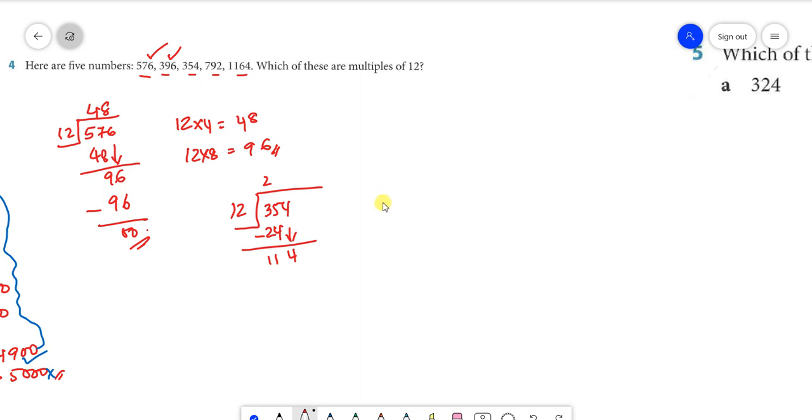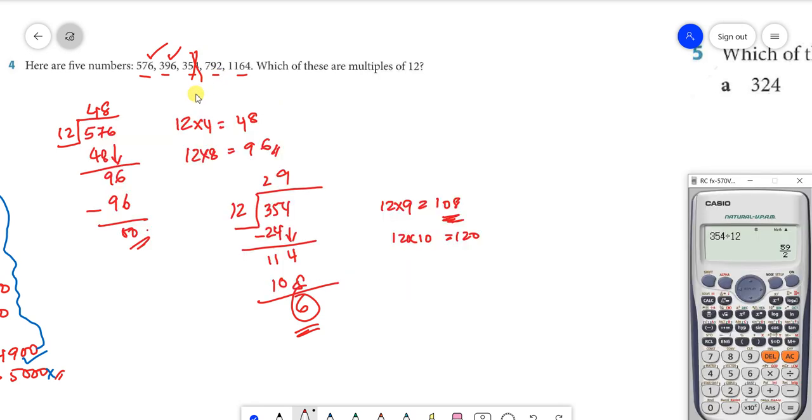So 12 times 9 is 108, since 12 times 10 is 120. So we have to use 12 into 9. So 12 times 9 gives us 108. So we have a remainder of 6. So since we have a remainder, that is why 354 is not a multiple of 12.